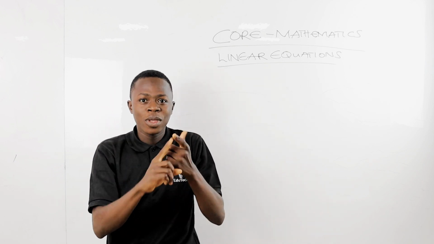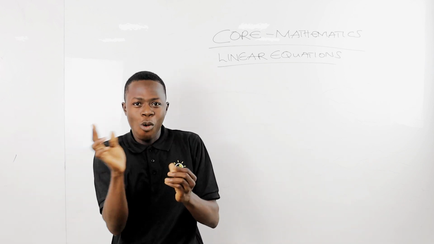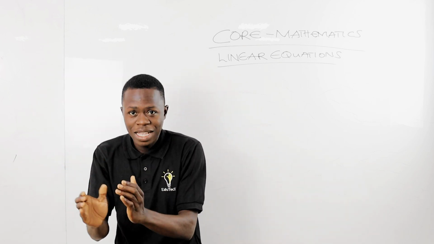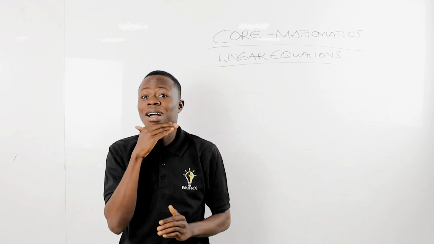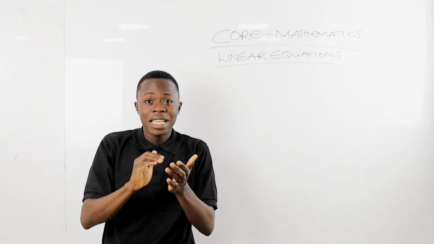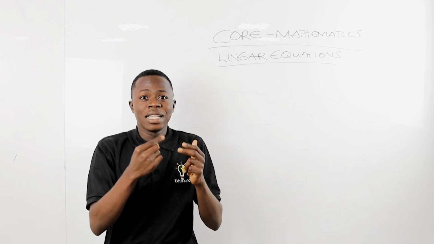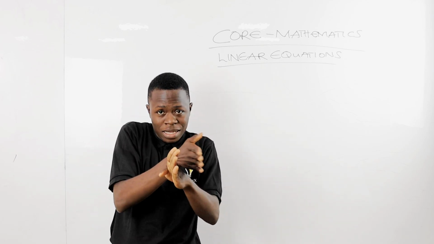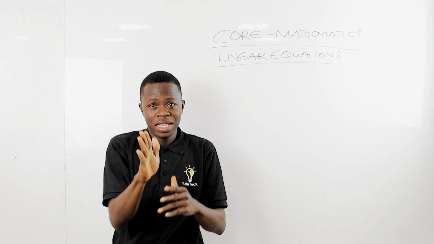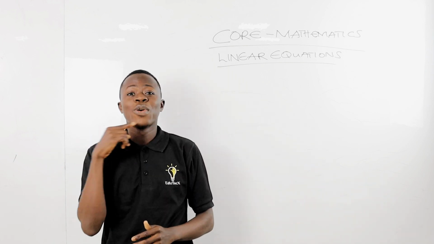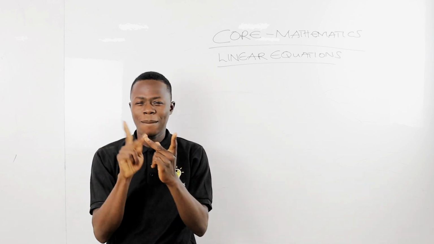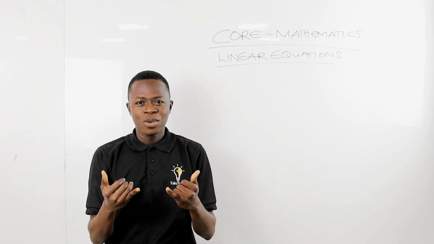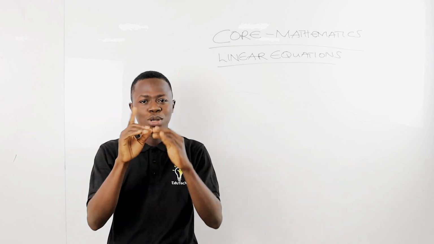And the second step is to add or subtract the like terms. Then the last step is to divide both the right hand side and then the left hand side of the equation by the coefficient of x. I know you've been able to remember all these things.